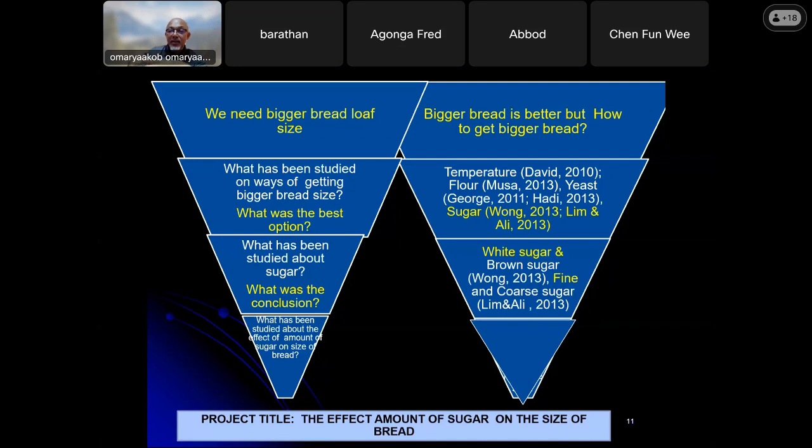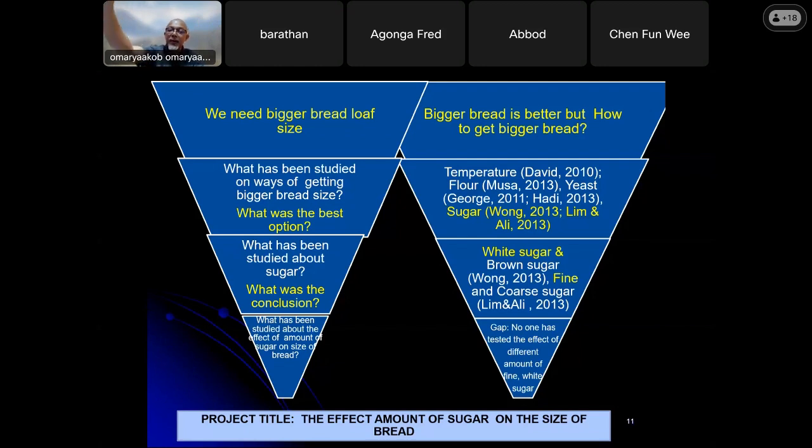Their results show that white sugar and fine sugar are best. But from the studies, nobody has studied the effect of different amounts of fine white sugar. So you see how John found his gap.